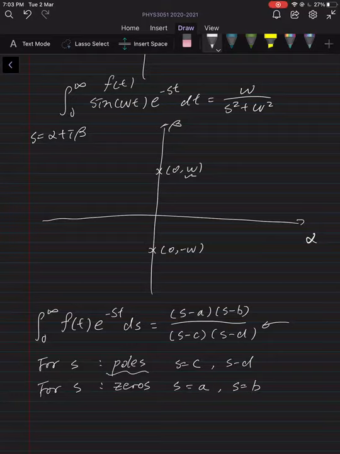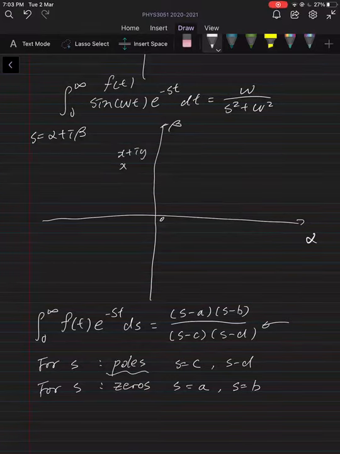So this one is the Laplace transform with complex s, and the poles will always appear as a conjugate pair, which means if you have something like s plus i y, then you always have another one, s minus i y.